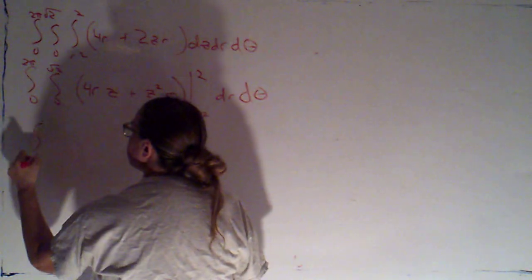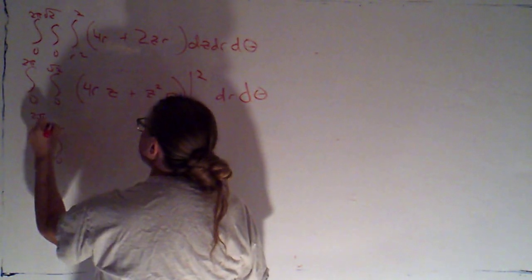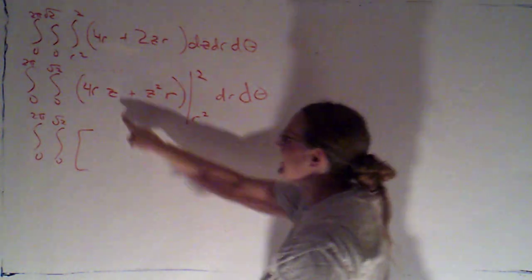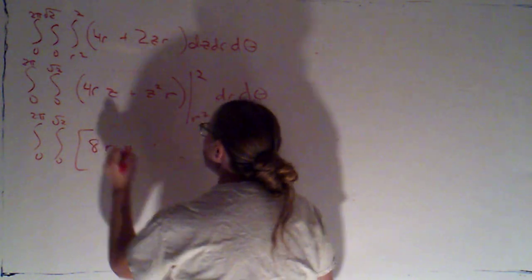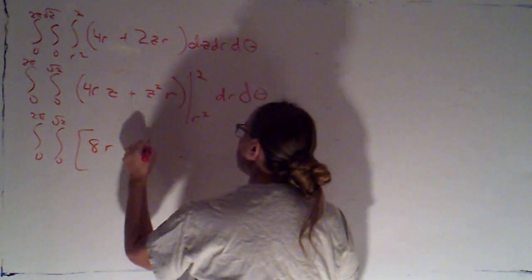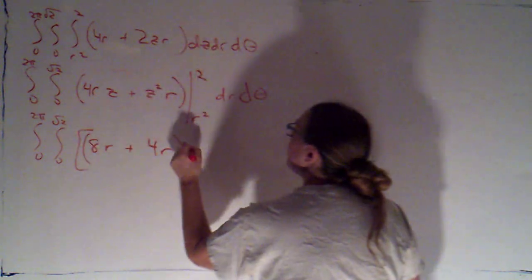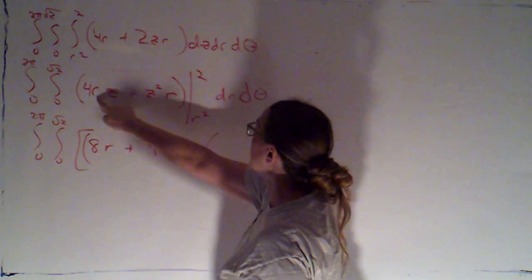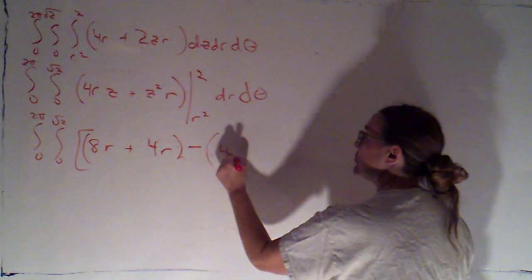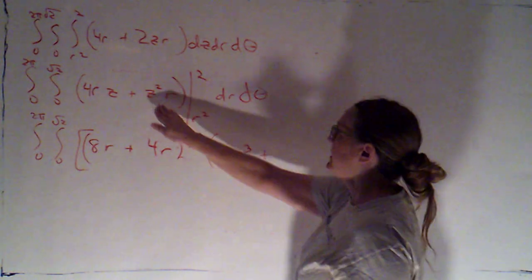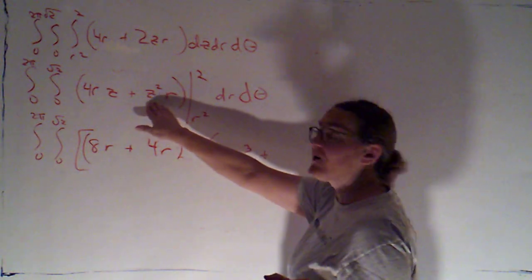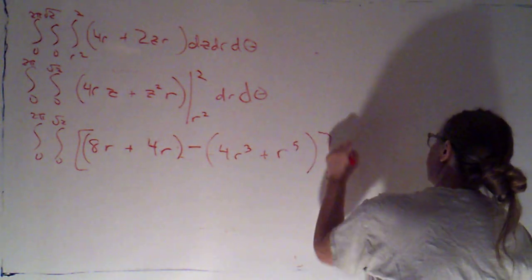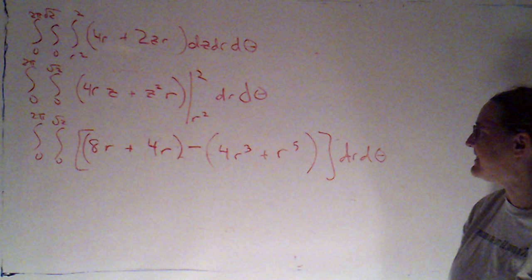Okay, so that's the integral from 0 to 2 pi, integral from 0 to root 2 of, when I plug in 2 for z, I'm just going to get 8r plus 2 squared, which is 4, so plus 4r, minus, when I plug in r squared, that's going to give me 4r times r squared, which is 4r cubed, plus r squared squared, which is r to the 4th, times r is r to the 5th, and then we still have to integrate that dr and d theta.